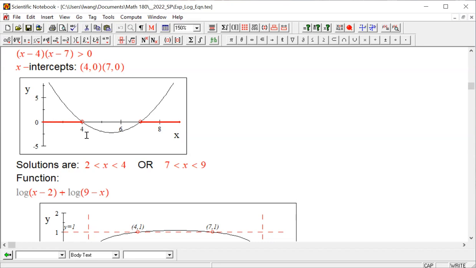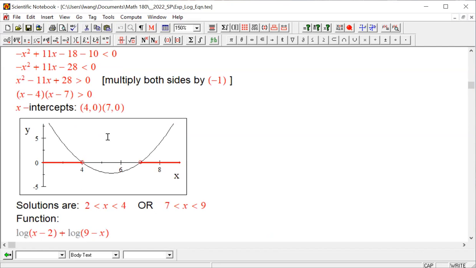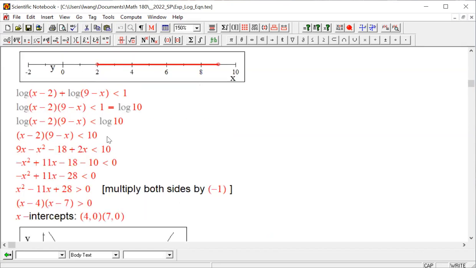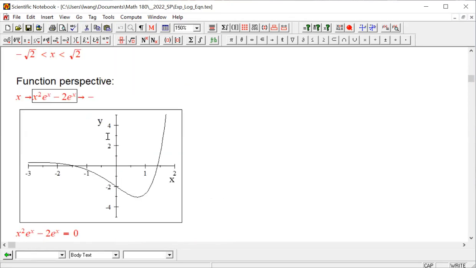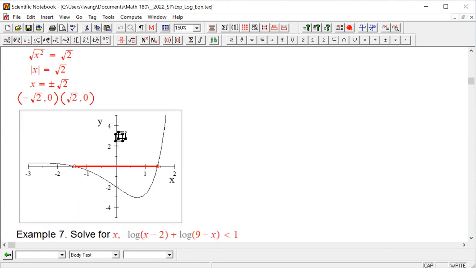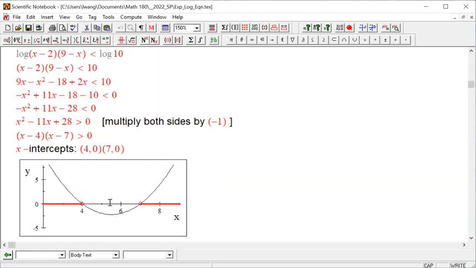So we have to take into consideration the function itself, right? So this is the solution.